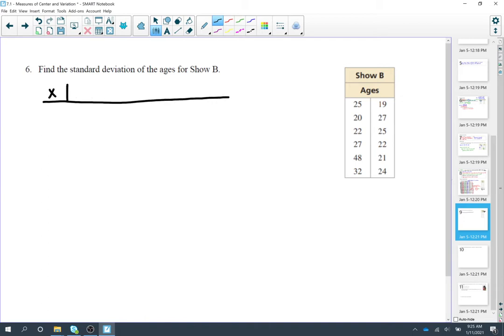So I'm first going to start with a nice long table of X, which is just our data values. Then I'm going to come over here with my ages for show B, 25, 20, and then keep going.